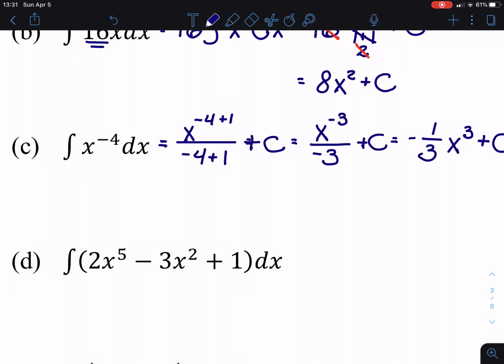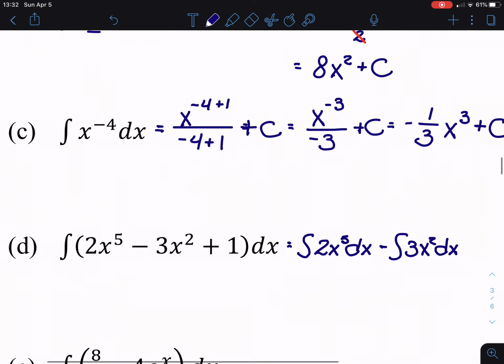So instead of looking at 2x to the 5th minus 3x squared plus 1 as a single entity, I can look at this as the integral of 2x to the 5th dx, minus the integral of 3x squared dx, and then plus the integral of 1 dx, just like that.